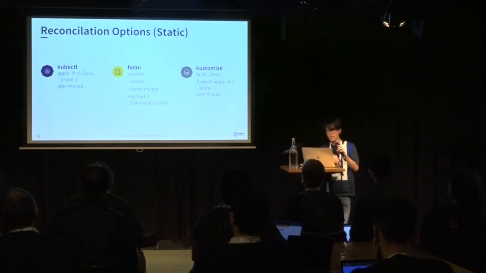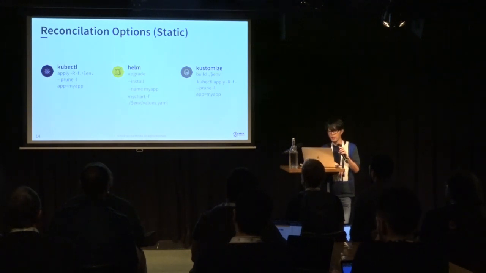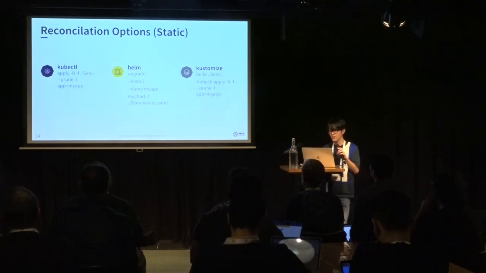Is anyone using helm upgrade --install for your deployment pipeline? Anyone? Okay. So if you want to reconcile your cluster state with Helm, you must use helm upgrade --install. This is the only way to reconcile your cluster with Helm. This basically works by installing your chart if it's missing in your cluster, and upgrading your Helm release if it does exist in your cluster.